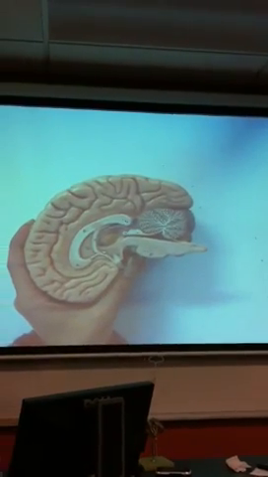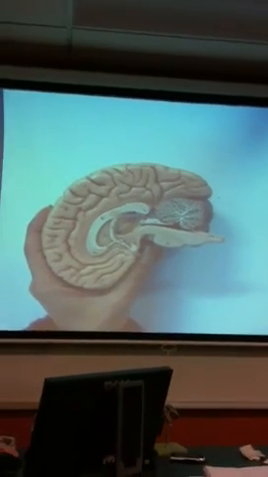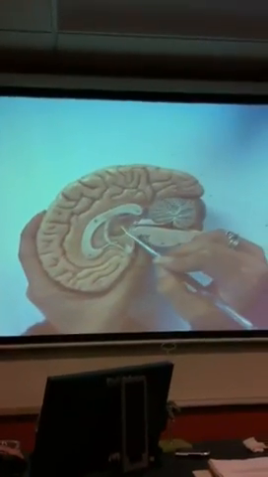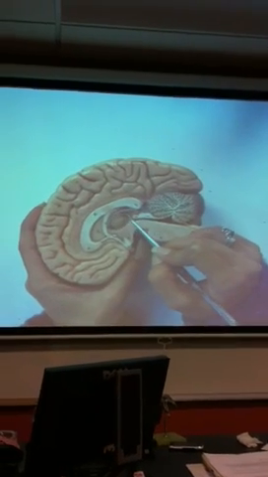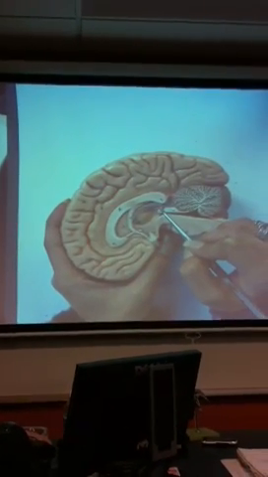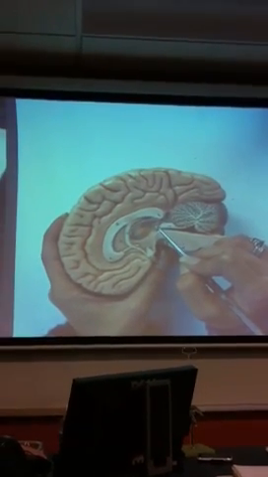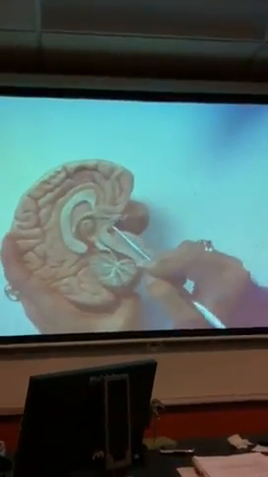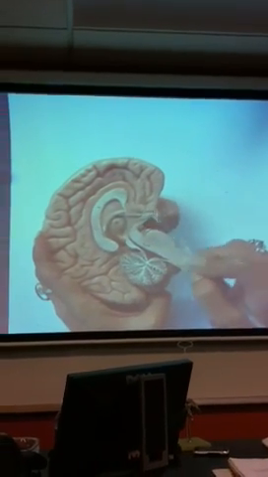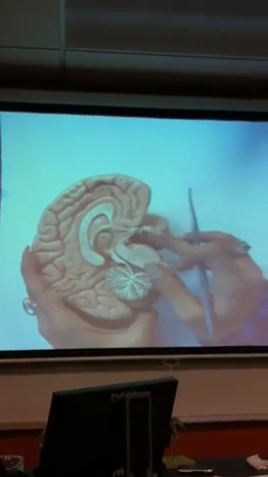Now there are two glands that you need to know in the brain. The first one is this pink guy here, and he is your pineal gland. Pineal gland. The other guy extends from the hypothalamus, and he's this guy here.